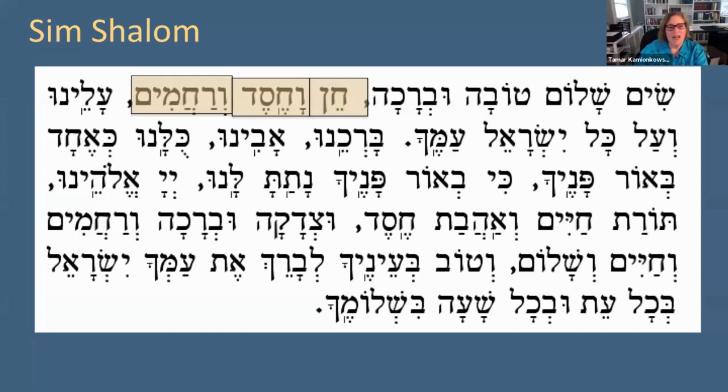And for those of you who are interested in the roots, the root of rachamim is resh chet mem, which means rechem. And rechem, the Hebrew word rechem, means womb. So rachamim, compassion, is often claimed as a term that describes aspects of God that may be associated with the feminine.